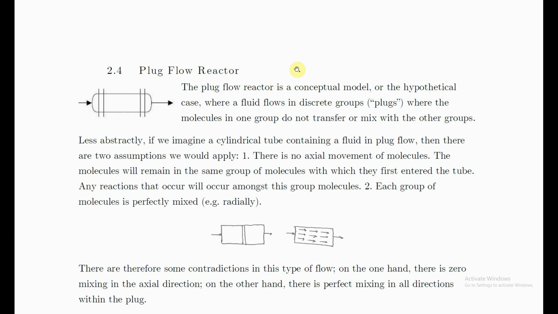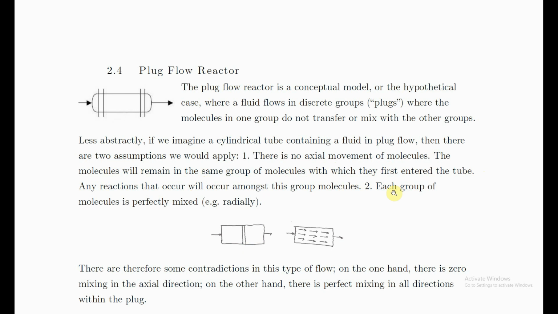Let's just see here. We've said this. So no axial movement of the molecules. Well, the molecules are moving axially, but they are moving with their group. So there's no superimposed movement of molecules outside of this plug. So the molecules remain in the same group of molecules as when they first entered. Any reaction is within this group.